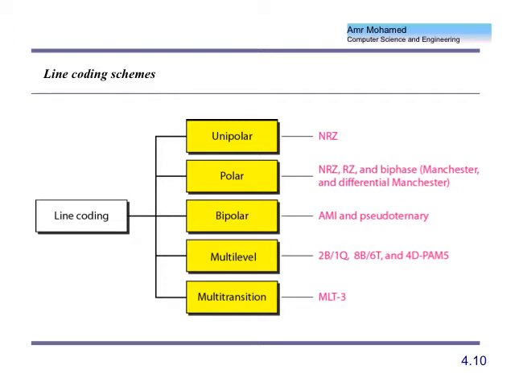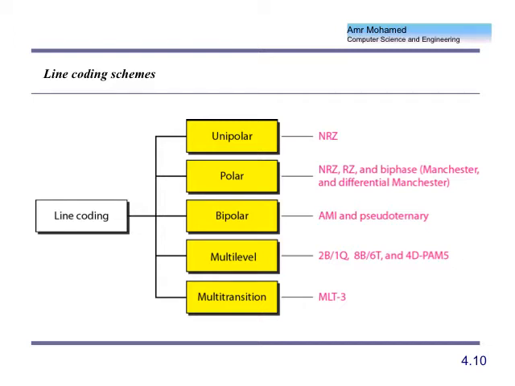So we have at least 3 different signal levels to represent the digital data. And then we'll talk about the general case of multi-levels, if we have more than 3 levels, so we have multiple levels to map the digital data.